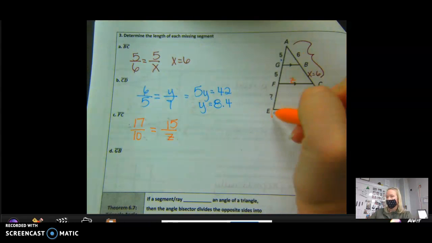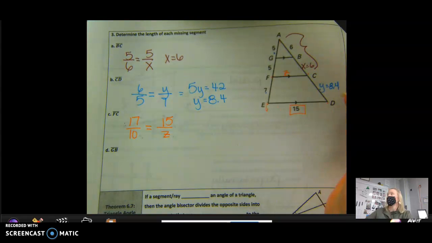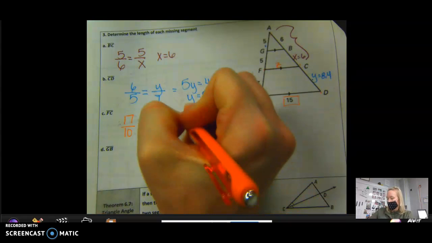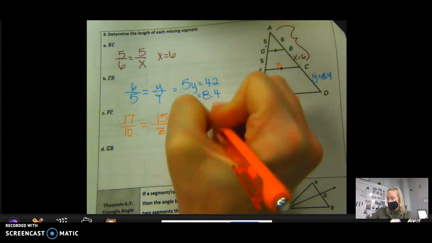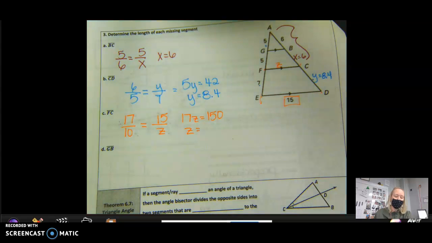I could have also done 17 over 15 equals 10 over Z, but again, multiple ways we can set this up. Cross multiply. 17Z equals 150. Divide by 17, and what do we get there?